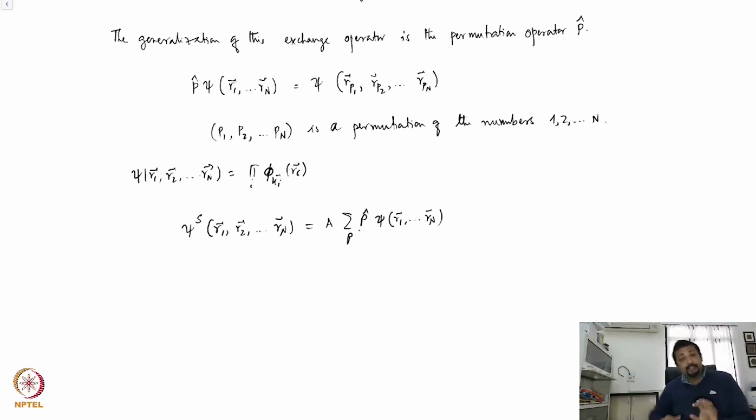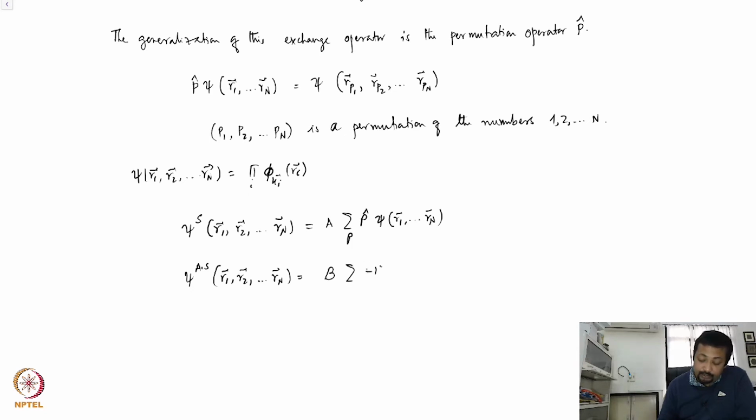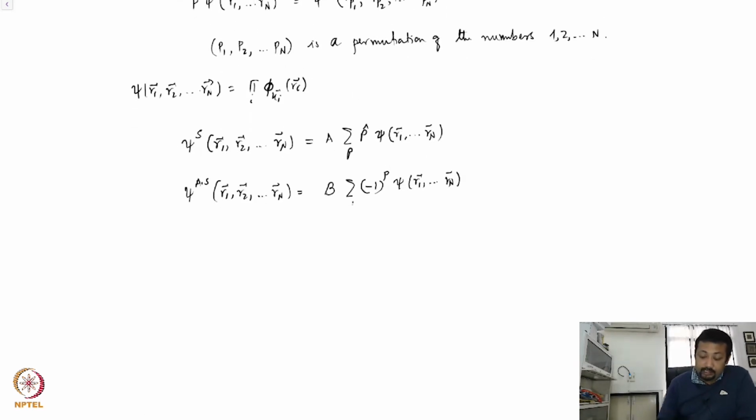The sum over p essentially means sum over all possible permutations of these numbers 1 to n. And for the antisymmetric one, the symmetric operator has an eigenvalue 1, therefore it does not matter over here, but the antisymmetric operator will have an eigenvalue -1, so that this is going to be -1 raised to the power p times psi of r1 to rn, right? Once again, there is a sum over p, which is a sum over all possible permutations.